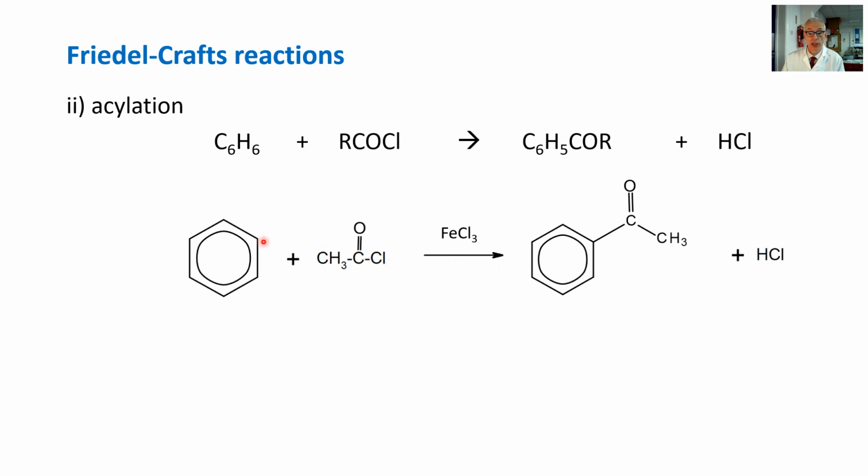A hydrogen has been lost from this carbon, so a carbon-carbon bond is formed. So the carbon of the carbonyl bonds directly with the carbon within the benzene ring. It's an electrophilic substitution. The catalyst is iron 3 chloride, so we can assume a similar reaction mechanism to halogenation.